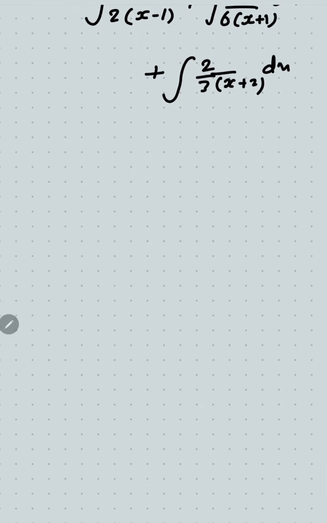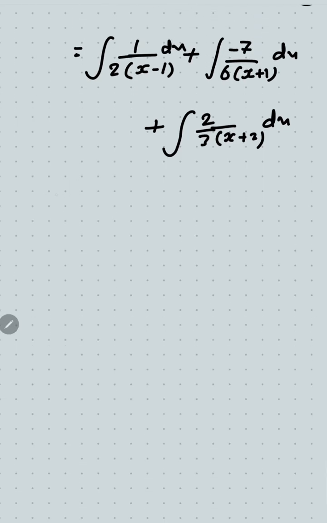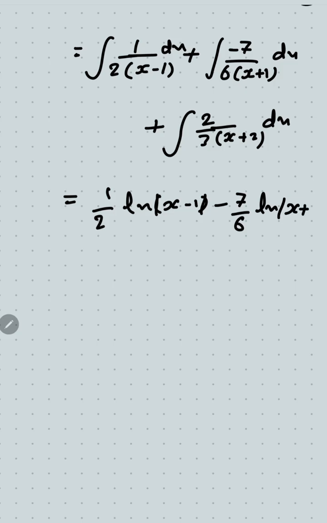Then the integration of this is 1 divided by 2 ln of x minus 1, negative 7 divided by 6 ln of x plus 1, and 2 divided by 3 ln of x plus 2, plus c.